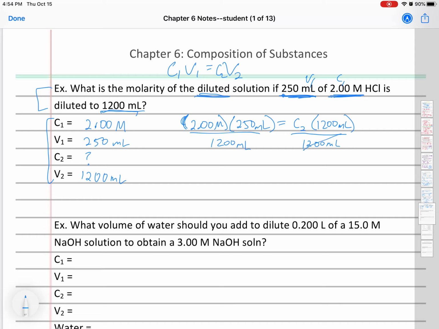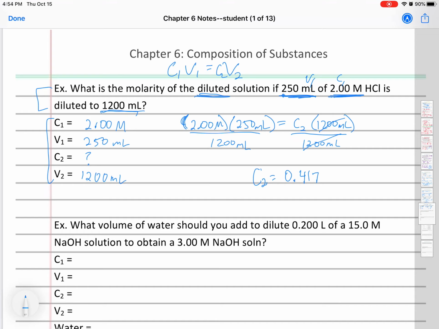Oh, and look at me, I didn't even do the work in my notes. So that cancels out, and now I've got to do some math in my calculator. 2 times 250 divided by 1200 equals, so C2 equals 0.417.